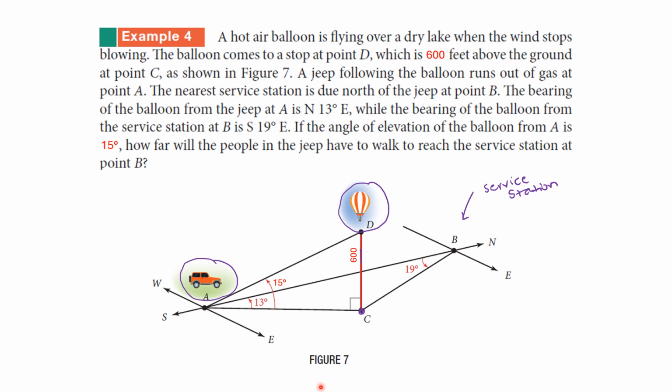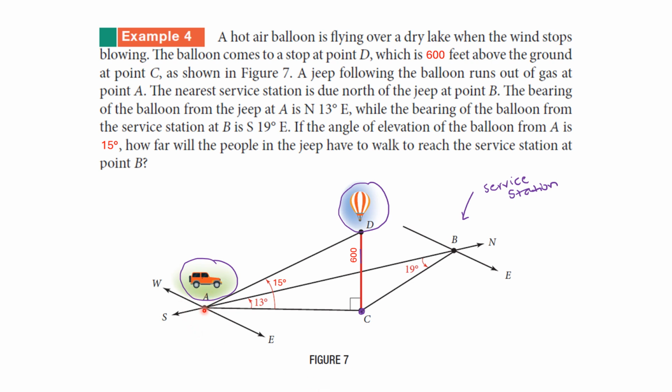If the angle of elevation of the balloon from A is 15 degrees, we have a straight 180-degree line, which is A to C, and the elevation then is 15 degrees. We want to know how far the people in the Jeep have to walk to reach the service station.